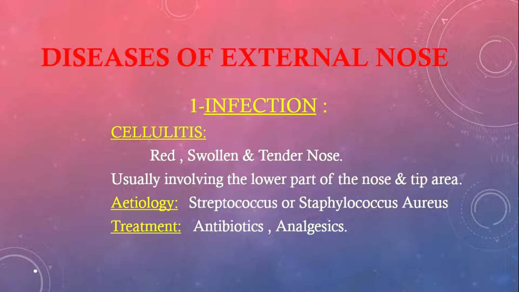And when cellulitis of the nose occurs, red, swollen and tender nose is the finding with it. Usually it involves the lower part of the nose and tip area, while the etiology of cellulitis is streptococcus or staphylococcus aureus organisms which cause it, and the treatment of cellulitis of the nose is antibiotics and analgesics.